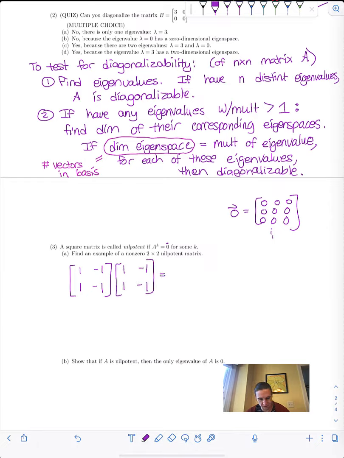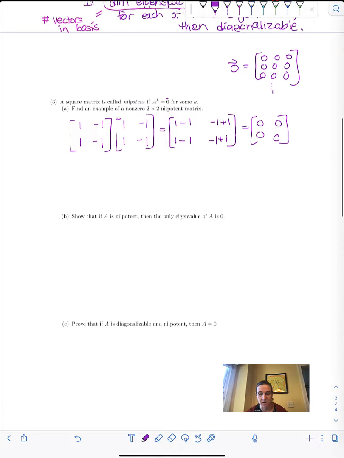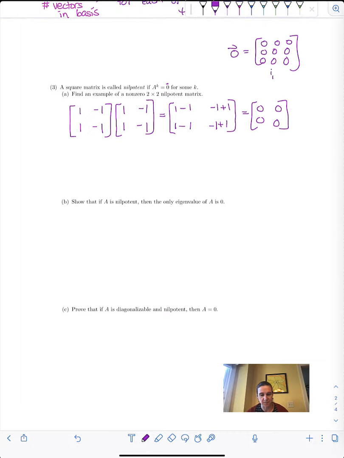Our first entry is 1 minus 1, our second entry is minus 1 plus 1, and then on our second row we have again 1 minus 1, and minus 1 plus 1, and you see those are all zeros. So a nilpotent matrix doesn't have to be zero to start with. But here's something kind of neat about nilpotent matrices. Their eigenvalues all have to be zero.